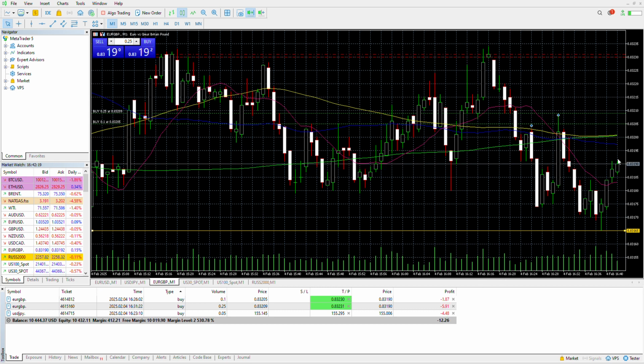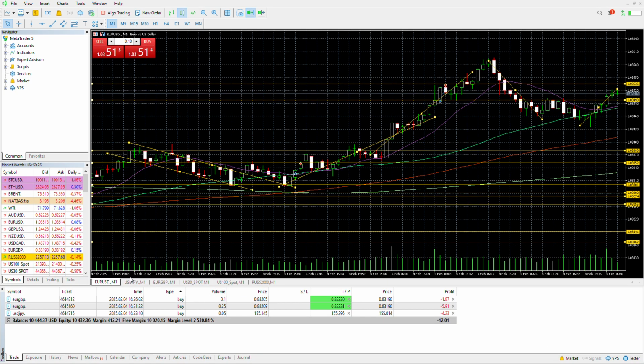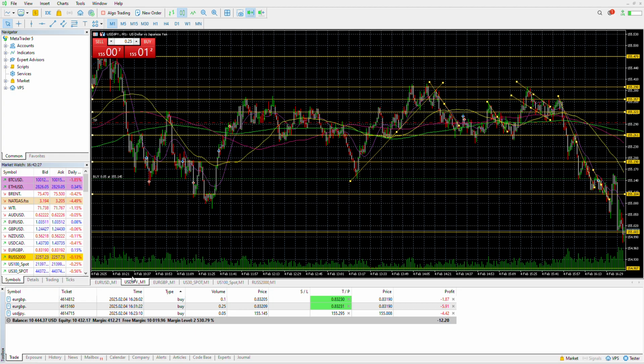The question is, will it be able to get up from here to there? That's the question. Small size, all the way from here to here. It allows that.